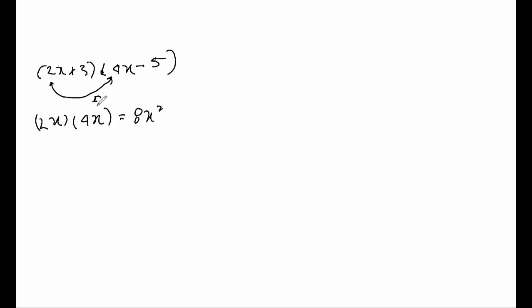So the first is for F. Then I go 2x times negative 5, 2x times negative 5, and that will give me negative 10x. And that's the outer.